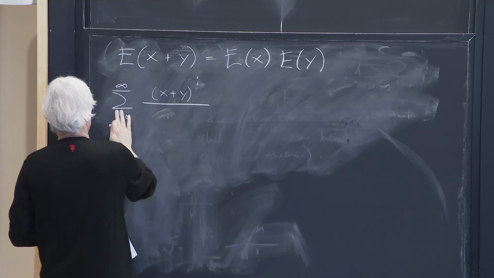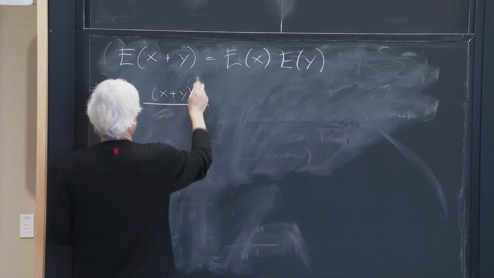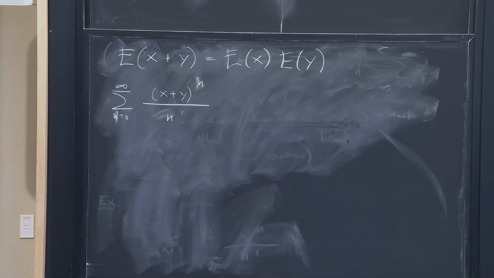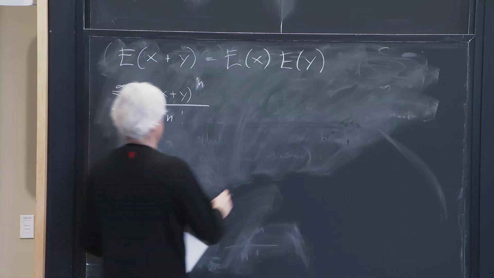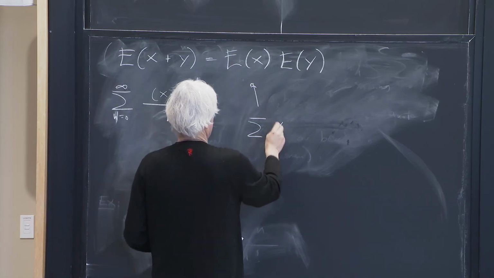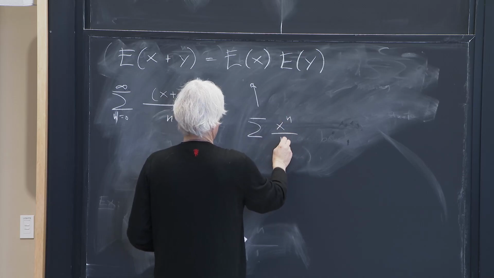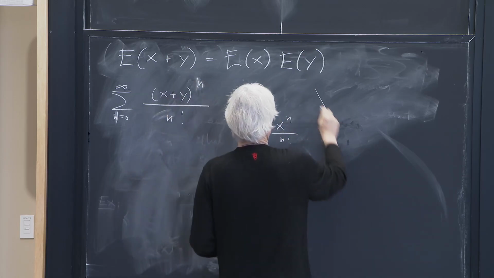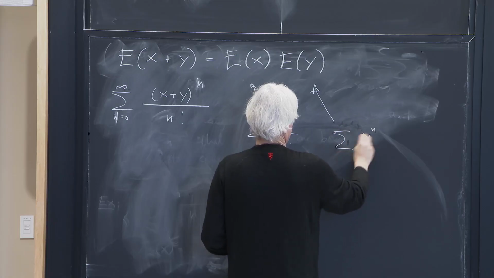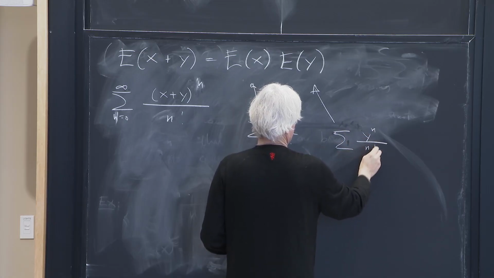Let's call it this sum from n, that's what that series is. And this one here is the sum of x^n over n factorial, and this one here is the sum of y^n over n factorial, right?